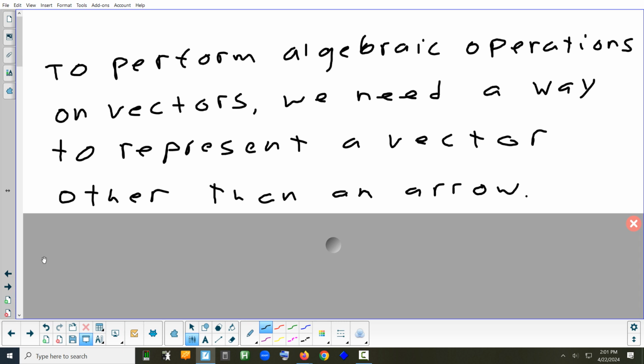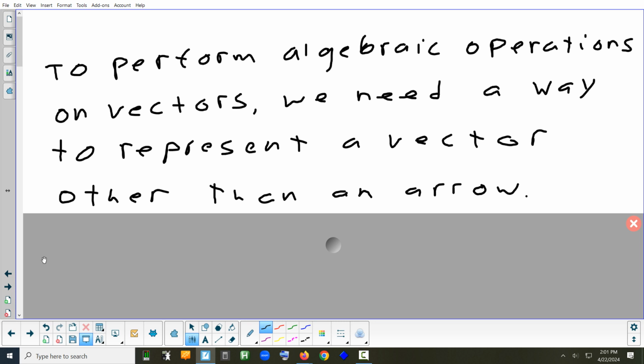Now, sketching vectors is great. I think it's fine, but it's not the fastest way to do things. If you have a word problem, then yes, it's probably very helpful because you can kind of see what you're doing. But if you just want to add 2 vectors together, I'd rather you just give me numbers that I can just add real quick and not have to draw it.